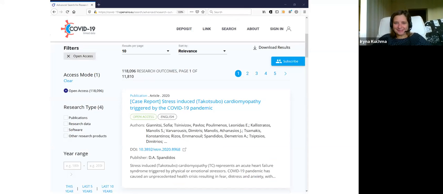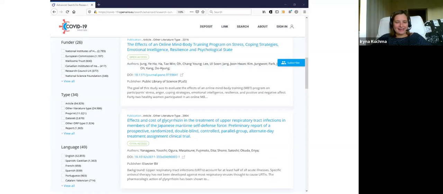That's a number that I was trying to pronounce. And those publications come from projects, COVID-19 related projects supported by 26 funders, and you can limit your search to certain types. For example, if you're only interested in articles, or if you're only interested in preprints or reports, then you can limit your search results.